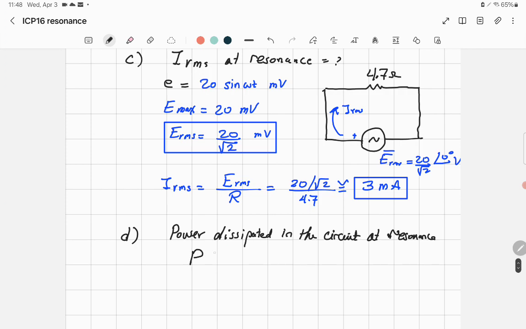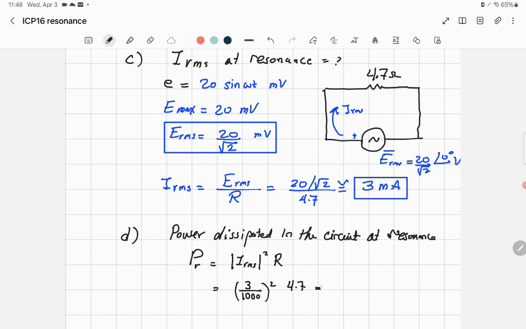And we know that the power in this case at resonance is equal to I root mean square, the magnitude only, squared and multiplied by the resistance. The current is equal to 3 milliamp, so it will be (3 over 1,000) squared times 4.7.